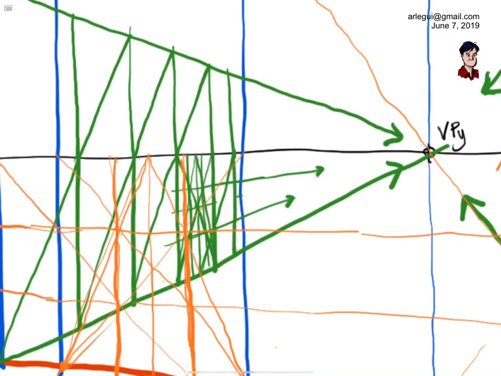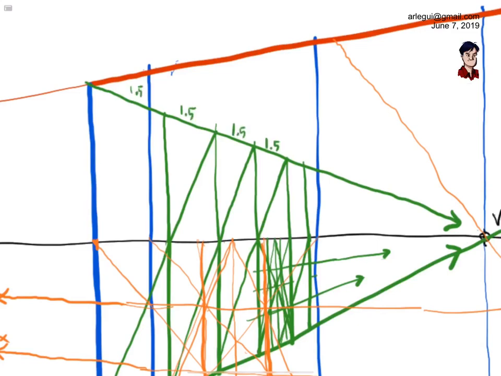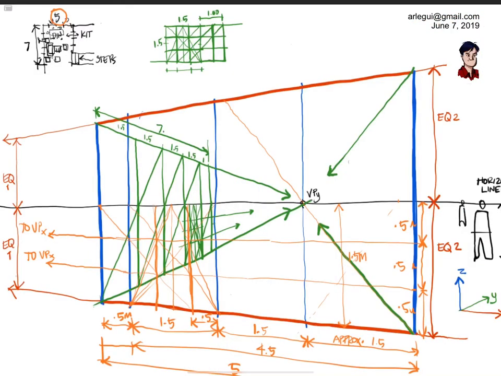That establishes the 7th meter depth of the room. So there you go. 6 meters, plus 1, that would be 7 meters. So now you can establish where the top line is.